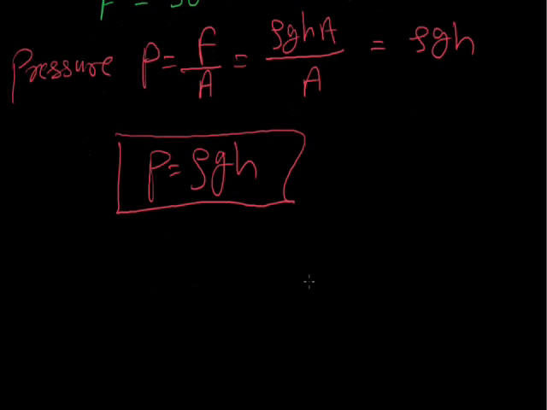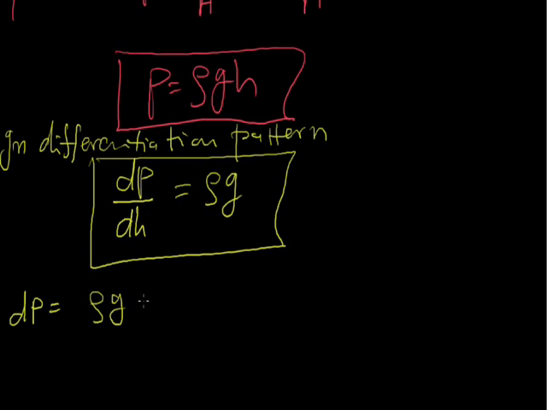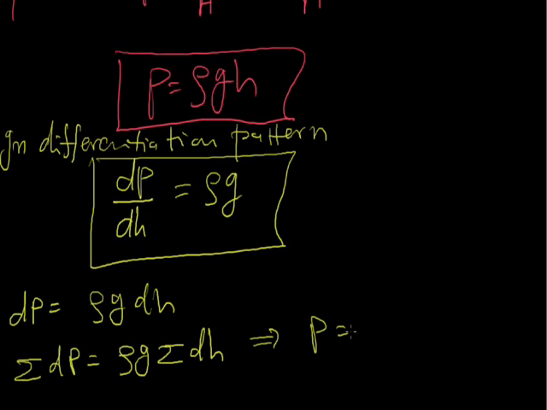We can write it in differentiation form: dP by dh, because pressure varies with respect to depth, is equal to rho g. So dP will be equal to rho g dh, and summation of dP is equal to rho g summation of dh, so P is equal to rho g h.